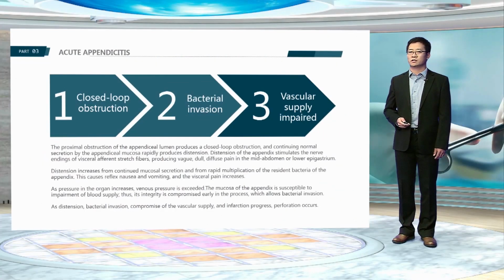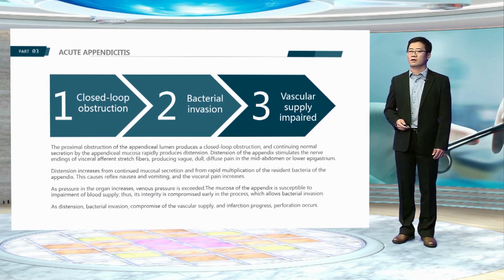The proximal obstruction of the appendiceal lumen produces a closed-loop obstruction, and the mucosa rapidly produces secretions causing distension. Distension of the appendix stimulates the nerves, producing vague, dull, diffuse pain in the mid-abdomen or lower epigastrium.